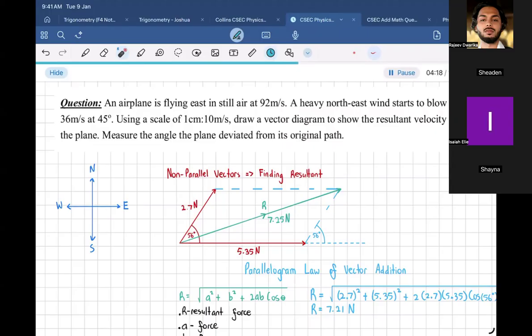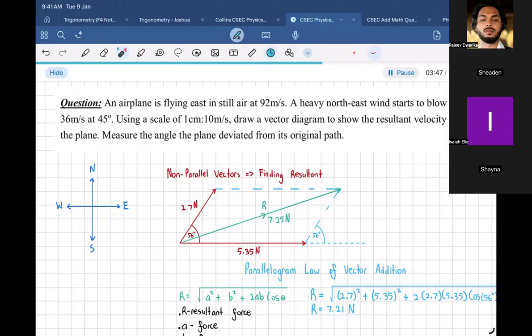Something I should mention: when you get your final answer, just know that you would have to scale it back up. So, for instance, they said use a scale of 1 centimeter to 10 meters per second. They are talking about velocity here. Velocity and speed are the same thing, but in physics we mostly use velocity. They're saying an airplane is flying east.